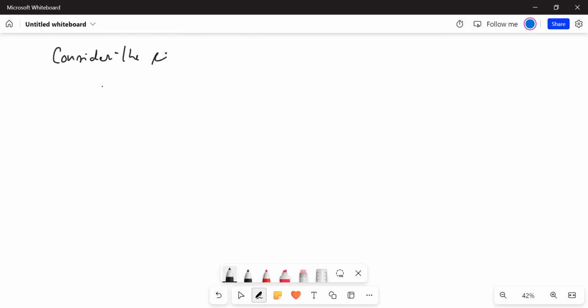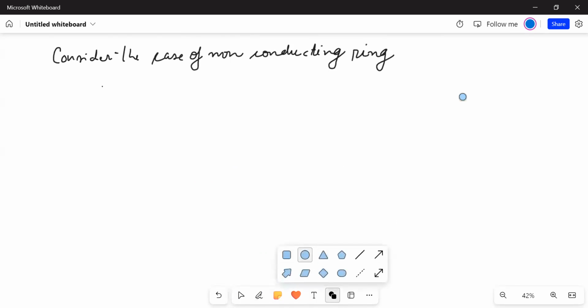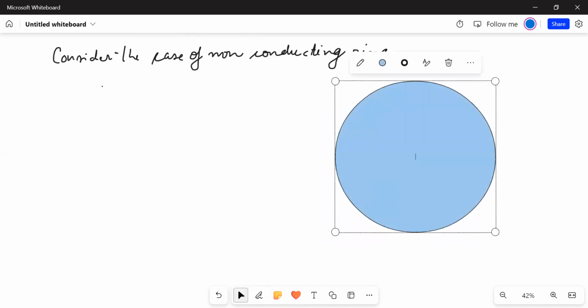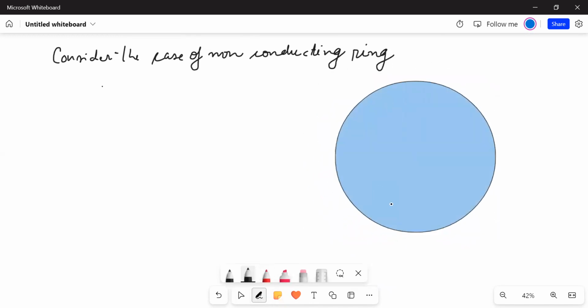Consider a non-conducting ring, with the linear charge density given by lambda equal to lambda naught cos of phi.